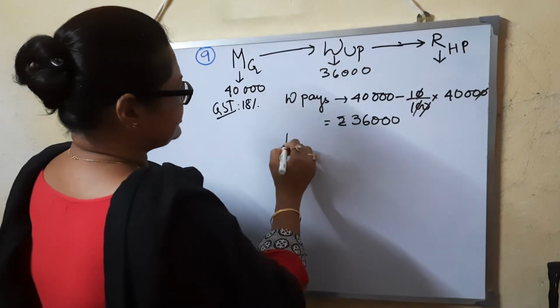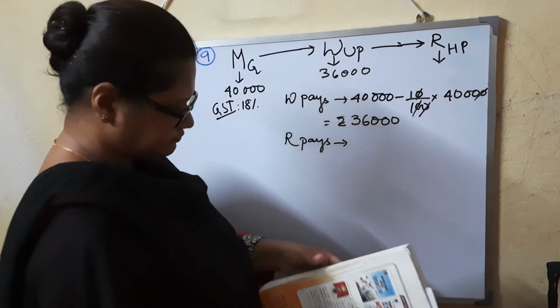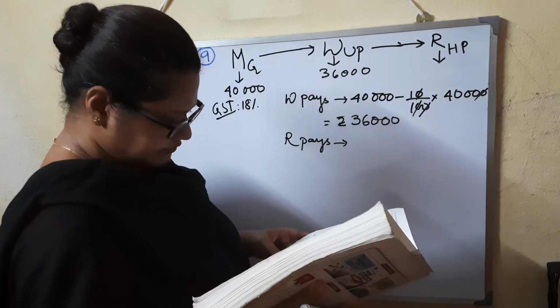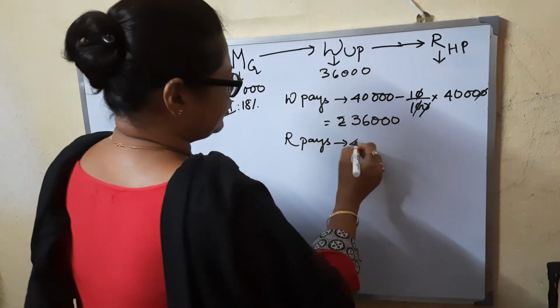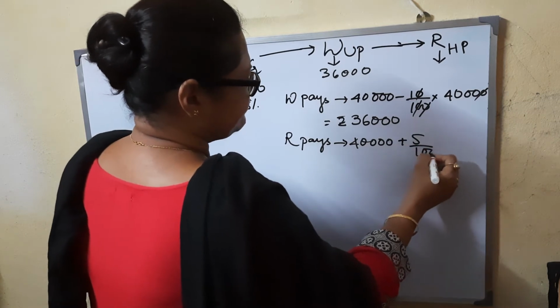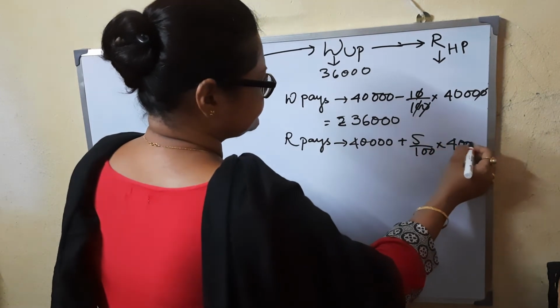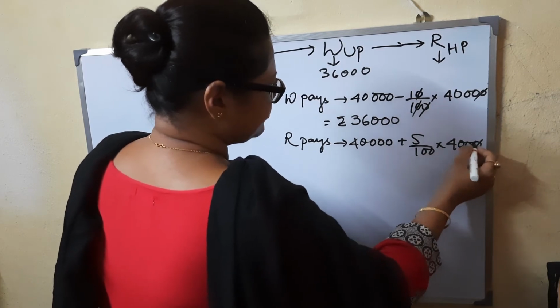Now the retailer pays 5% above the printed price. So 40,000 plus 5% above. Sorry, there should be one more zero.